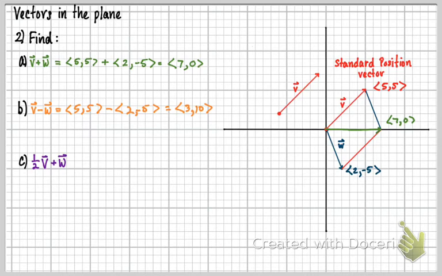And then for the last one, I'm going to take half of V. So that's going to be 1/2 of 5 comma 5 plus my W, which is 2 comma negative 5. And then that's going to be 5 over 2 comma 5 over 2, plus the 2 here, which I'm going to write as 4 over 2.